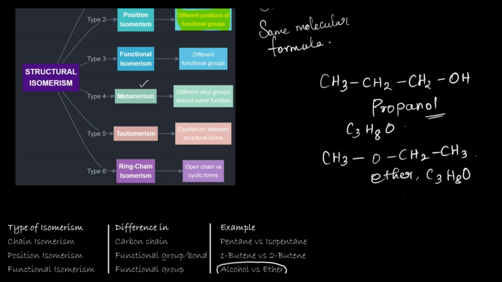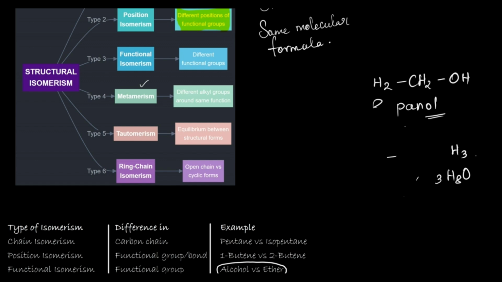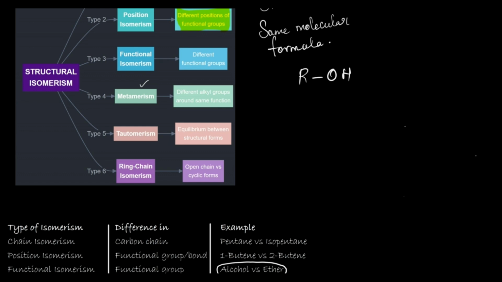Now let's move on to the so-called confusing part, but it is not. That is metamerism. Remember this, guys. Metamerism is exhibited by the functional group which is having two hands of alkyl groups. What is that, ma'am? What is two hands of alkyl group? Let's say I am considering alcohol. What is the general formula? ROH.